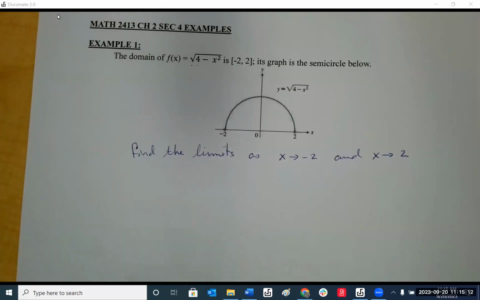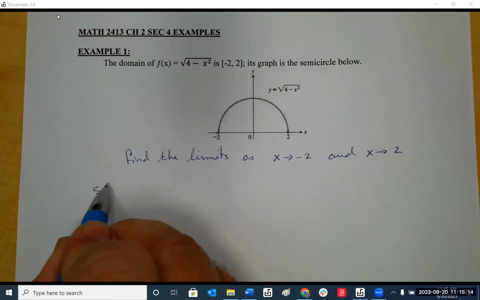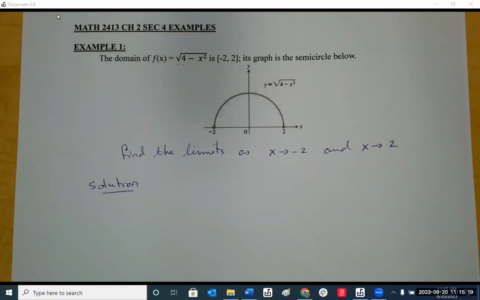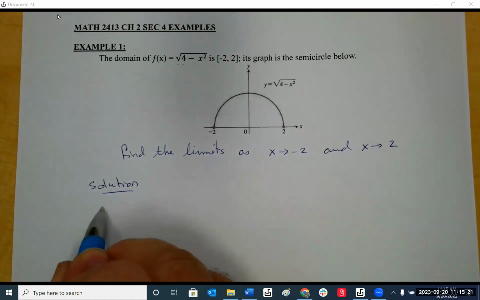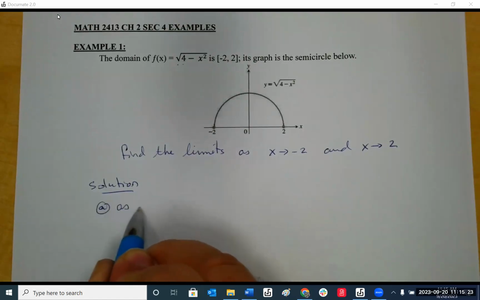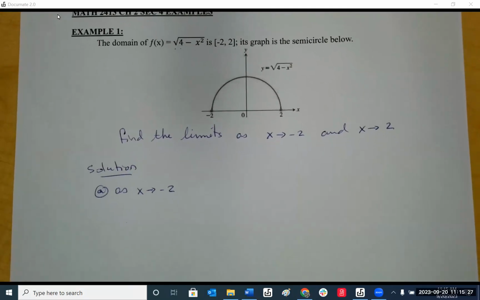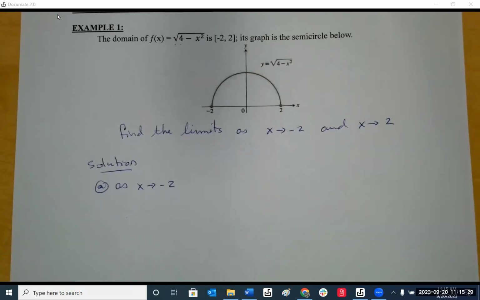How do we do this? Here's our solution. Let's look at as x approaches negative 2. How can we approach the value negative 2 in our function?